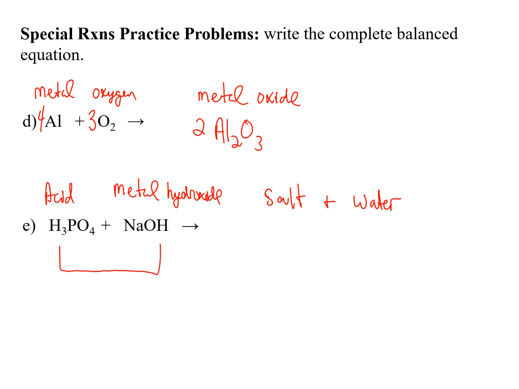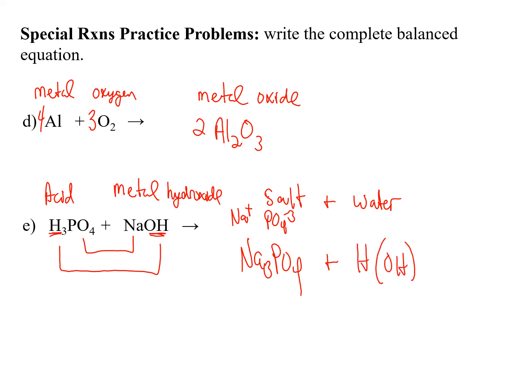So there's your water, H and OH. And your Na3PO4, right? Na is a +1. Phosphate is PO4 -3, so you get Na3PO4. And you see how the H will combine with the OH? You can leave it as HOH if you want. This is going to help you to balance it.